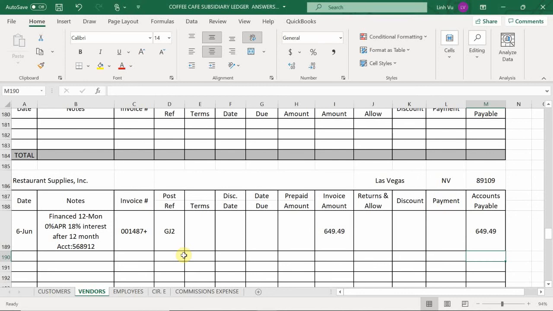If you want to put it on the purchase order, you could put it on the purchase order. If you want to put it in the subsidiary ledger, you could create a column for that if you need it. Any extra information is good for you, but in this case, I could just put it in my notes. I don't need to create another separate column for it, because what if it doesn't apply to other vendors?